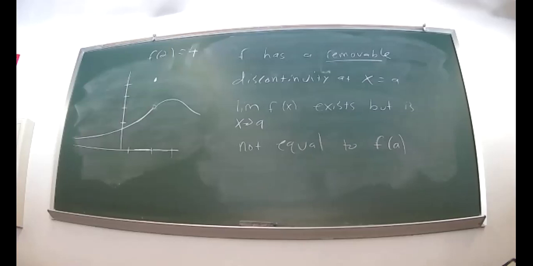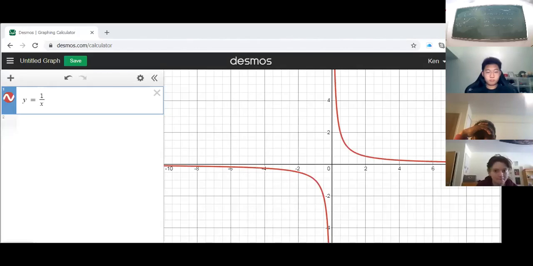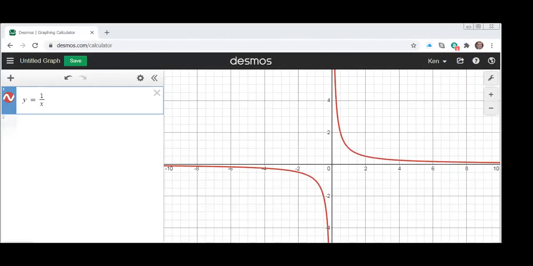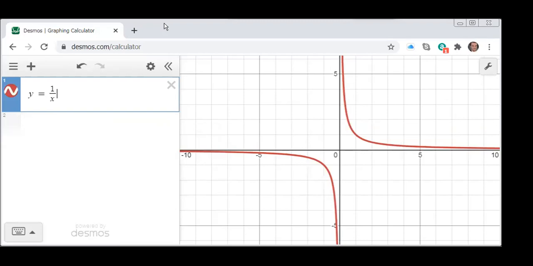The infinite discontinuity you're probably most familiar with is if I just did y equals 1 over x. So let me show you that on Desmos here.